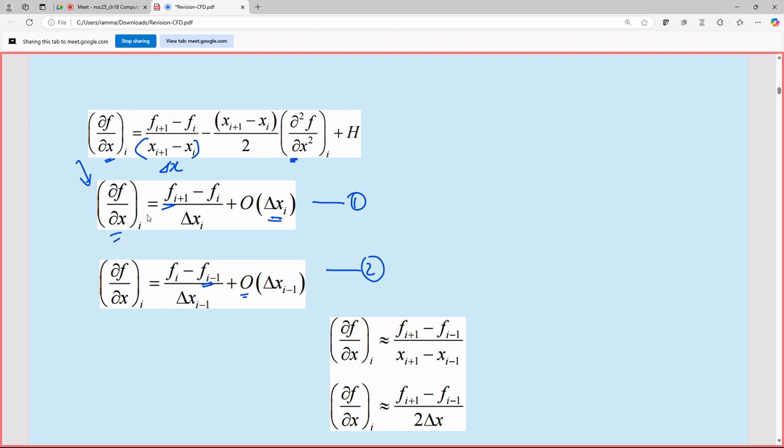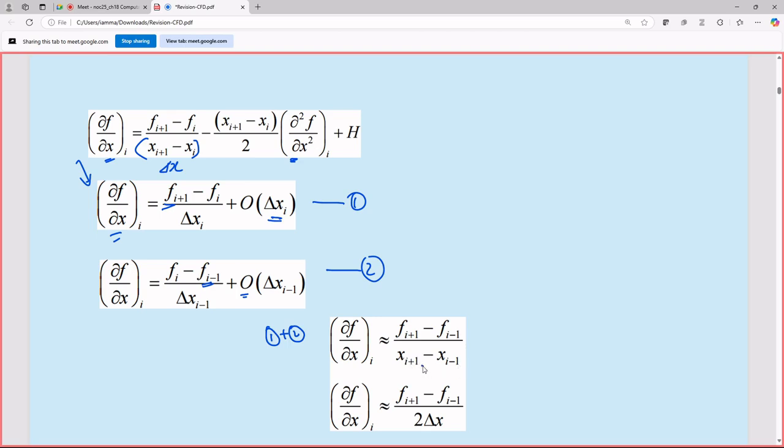To get an idealized approach, we can take an average of this, and by simply adding 1 plus 2, we will be getting this kind of equation: dou f by dou x is equal to f of I plus 1 minus f of I minus 1 divided by xi plus 1 minus xi minus 1.